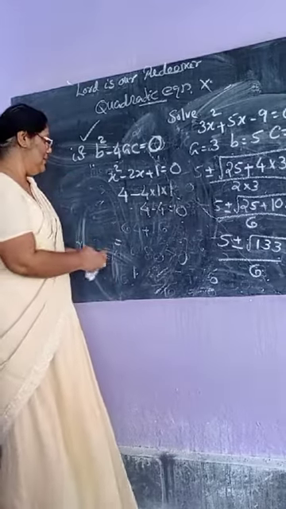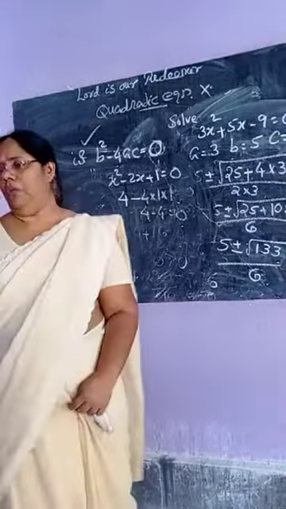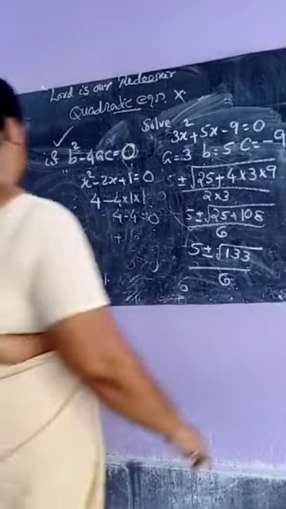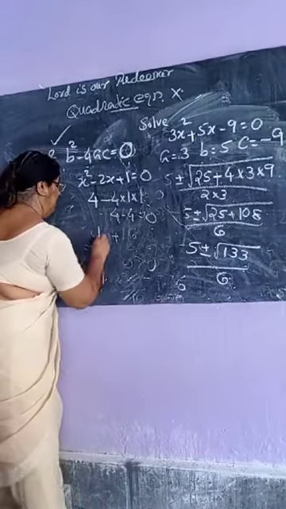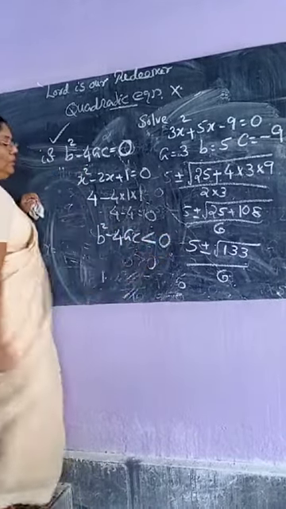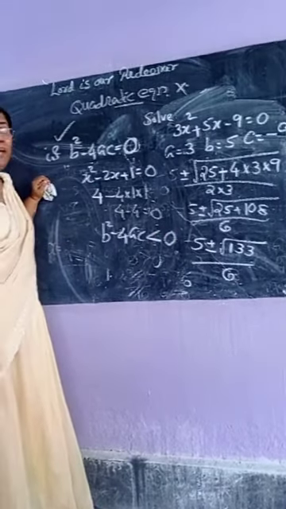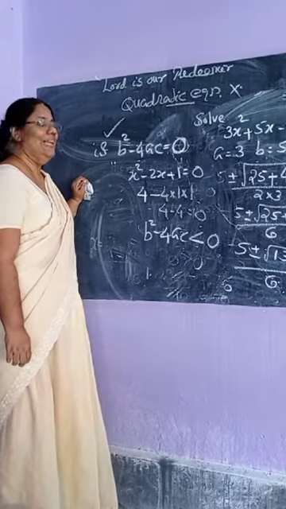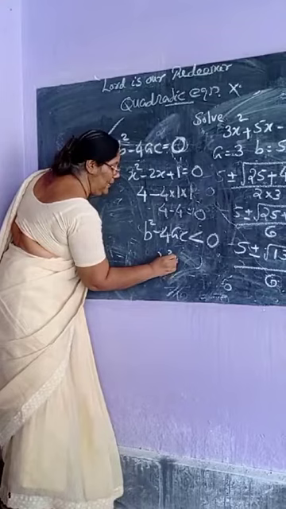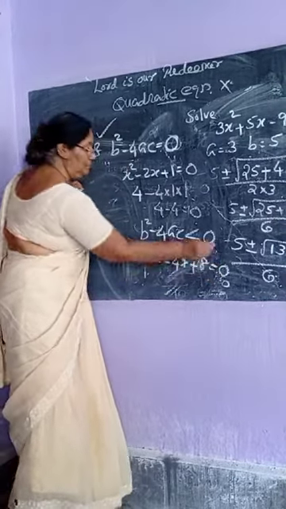Then one more condition. Can you say what is the last condition? If b square minus 4ac is less than 0, then the roots are imaginary. You can write one example. x square minus 4x plus 8 equal to 0.